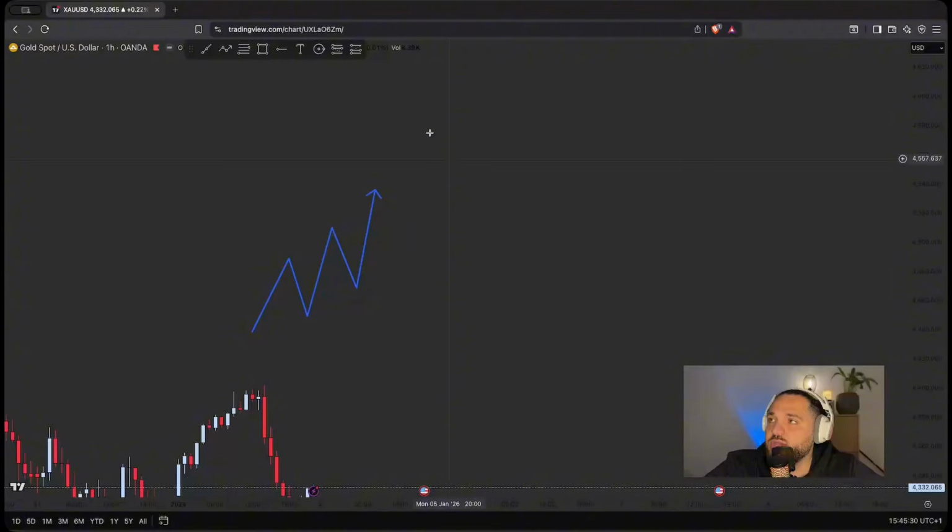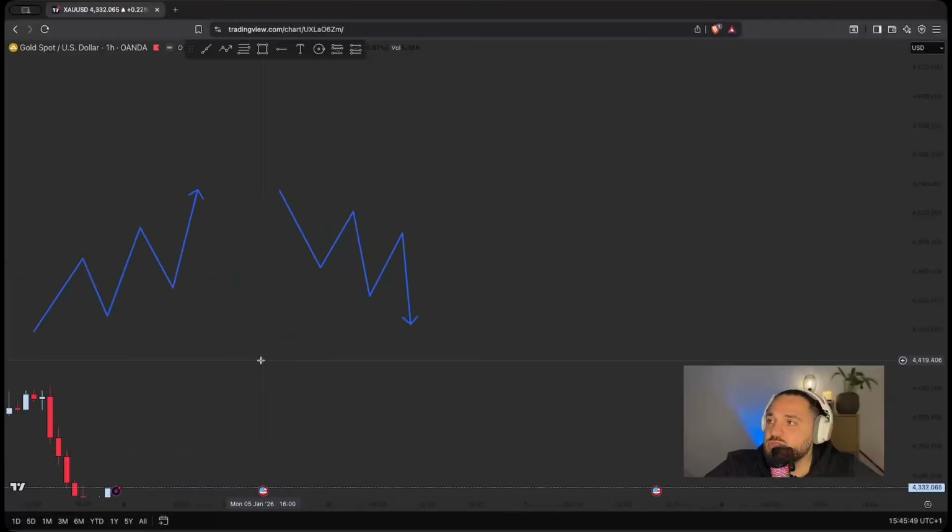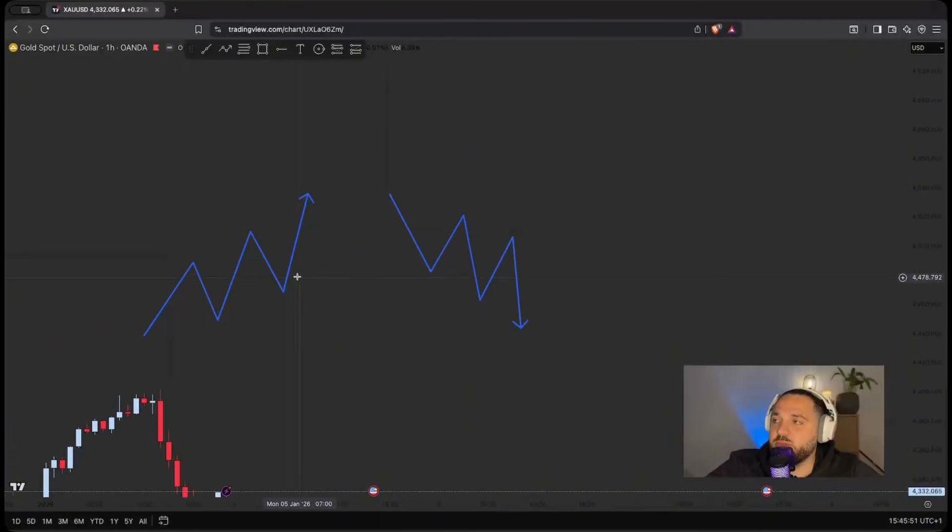Now, when you have a bearish market structure, you're going to get the same pattern, but vice versa. So you're going to get your lower low, lower high, lower low, lower high, and so on. That is something that you've probably heard over and over.